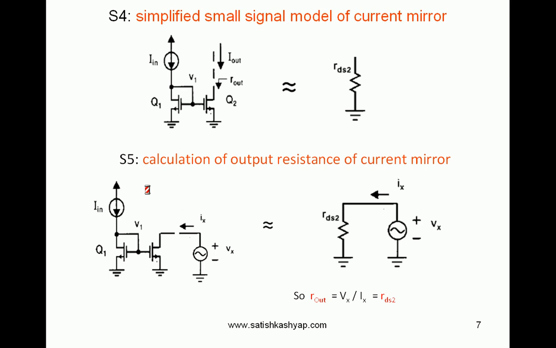Otherwise, any single resistor can be replaced with a current mirror. Are you understanding this point? Any passive resistor can be modeled with a current mirror, or any current mirror can be equivalently modeled with a passive resistor whose value is nothing but the output resistance of Q2. By varying V out and I out, we can get this RDS2 value, the desired one.